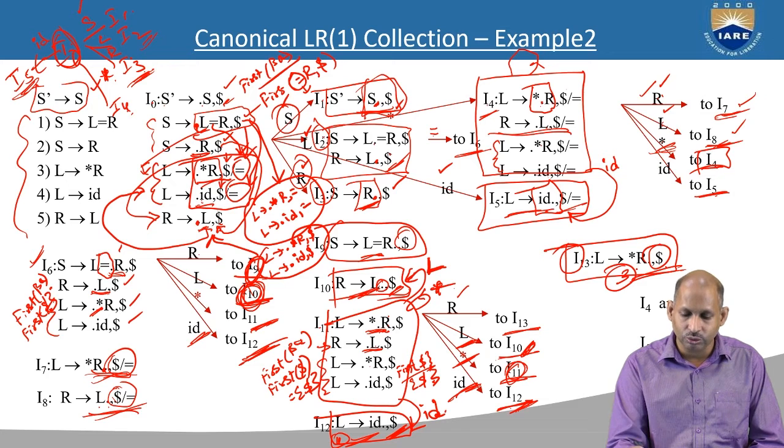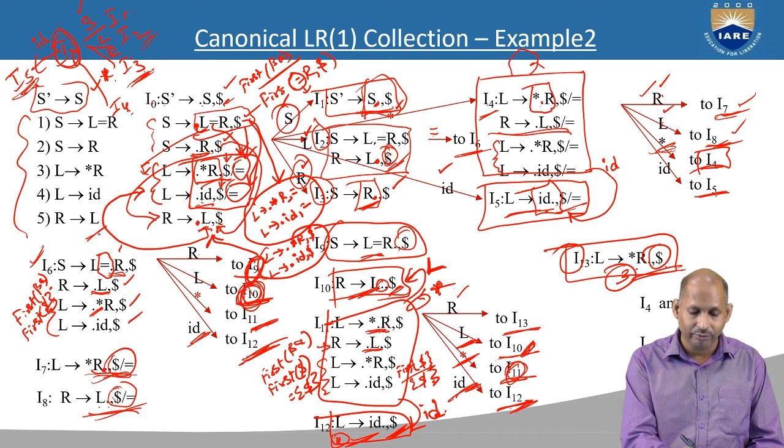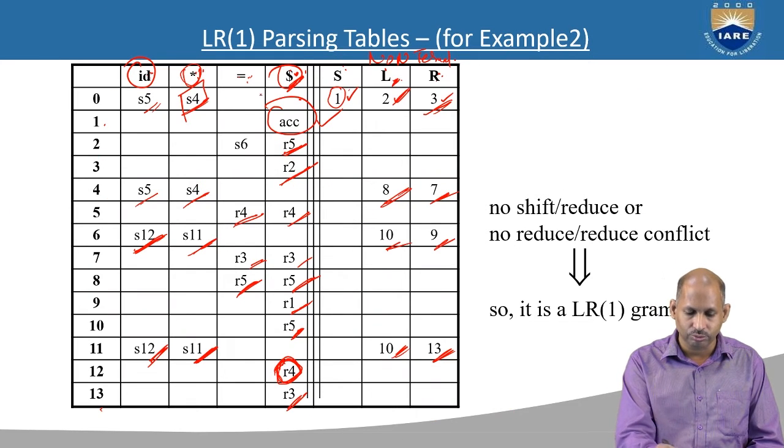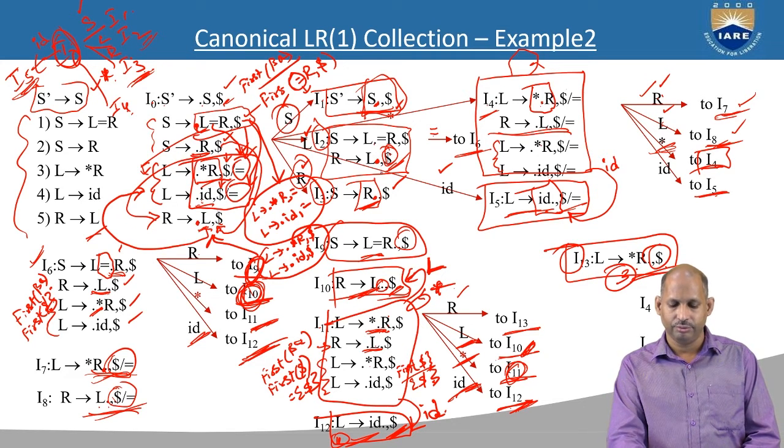Then what is I2? It has dot at the end and is followed by dollar sign. So I2 on dollar, reduce production number 5.